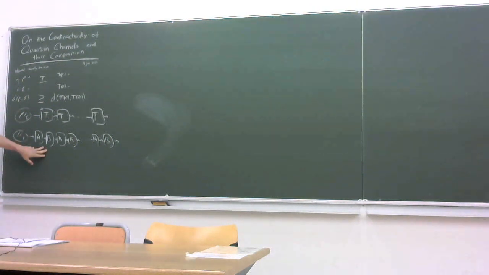Our intuition, for instance, is that if A is very contractive, AB will still be very contractive, or if A and B are not very contractive, then their composition shouldn't be very contractive either. That's a kind of intuition, but we want to formalize the characterization of the contractiveness of a channel such that it gives us information about the contractiveness of their composition. Okay, so this is the motivation.